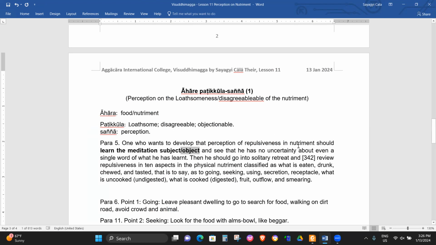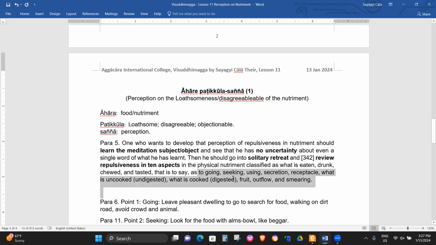Then make sure you have no doubts or uncertainty. Then you go for a solitary retreat, and then you review repulsiveness in 10 aspects. There are 10 ways: what is eaten, drunk, chewed, tasted.